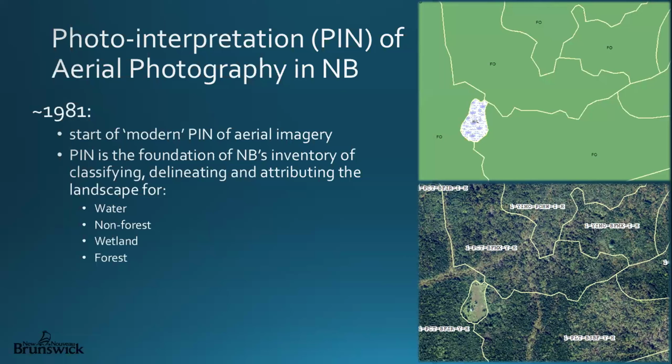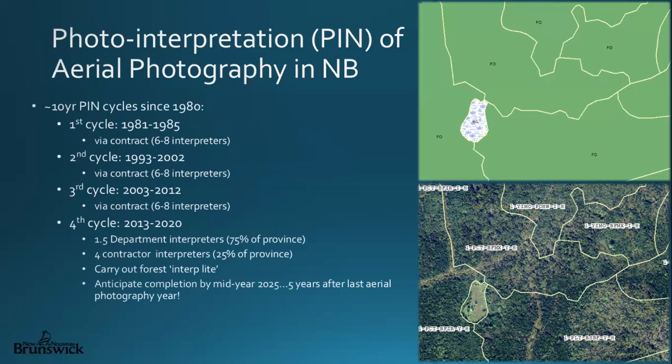So starting back in the early 1980s, we really started coming into what I would define as a modern photo interpreted inventory. We've gone through approximately 4 cycles since then. They're about a 10-year cycle each.